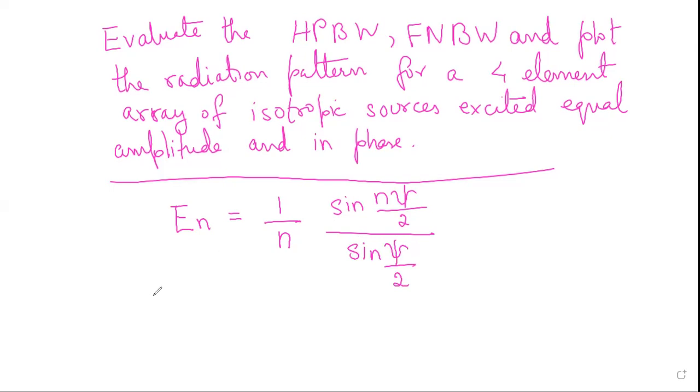Now, what is n here, Parth? In this case, what is n? Very good. So n is 4. Okay. And what is psi? Psi is kd cos phi plus delta. Very good. Okay. So we have this with us.